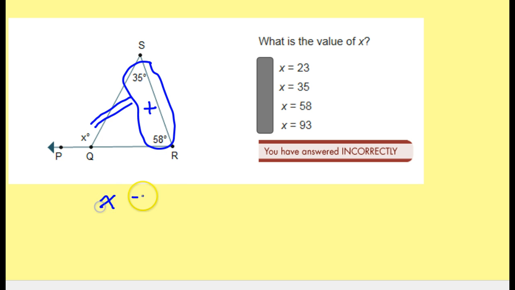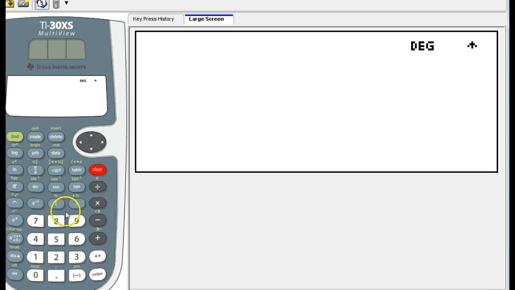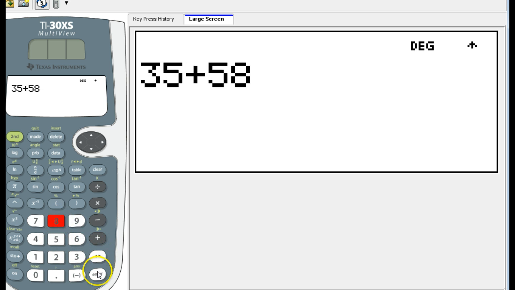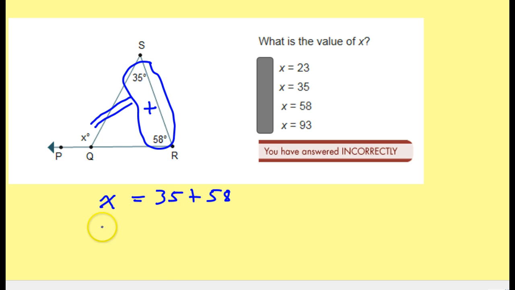So x should equal 35 plus 58. I can do that in my head, but I don't feel like it. 35 plus 58, it's 93. So x should equal 93. So that should be this right here.